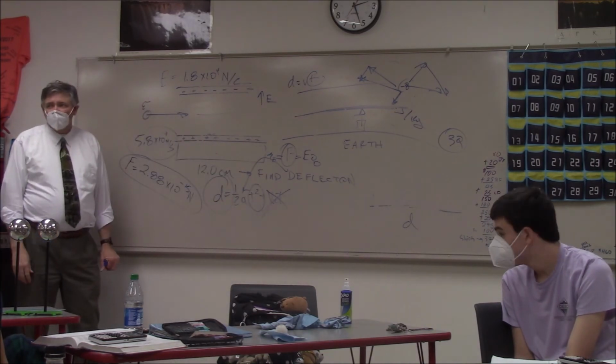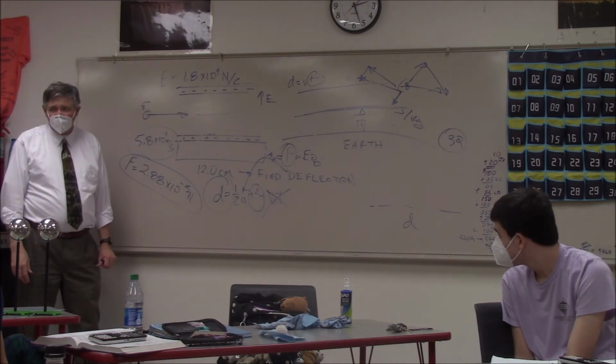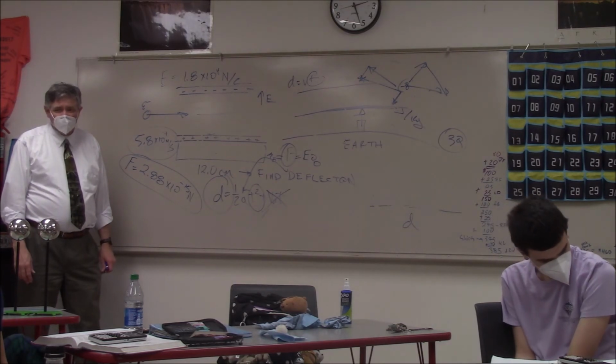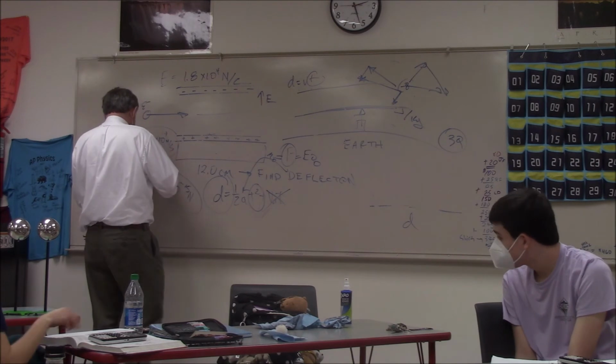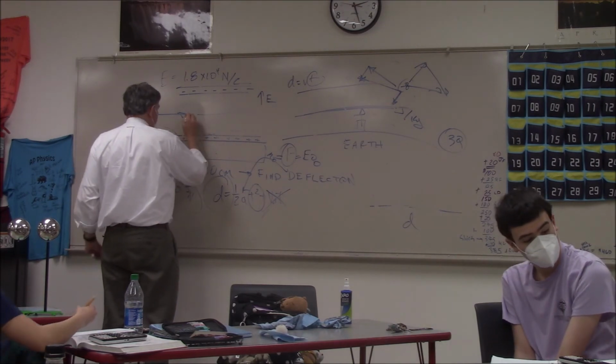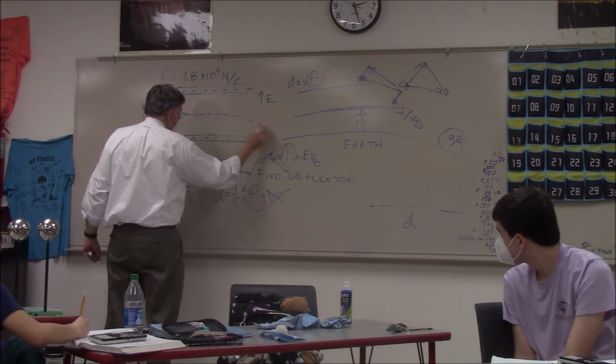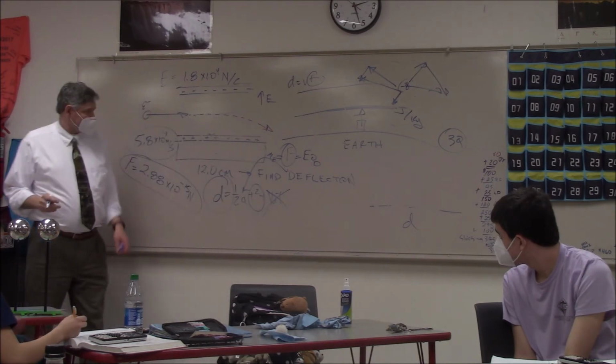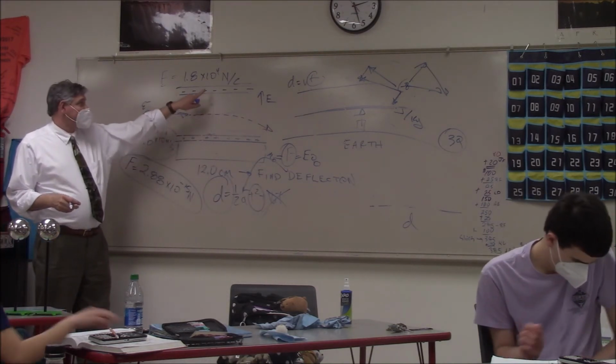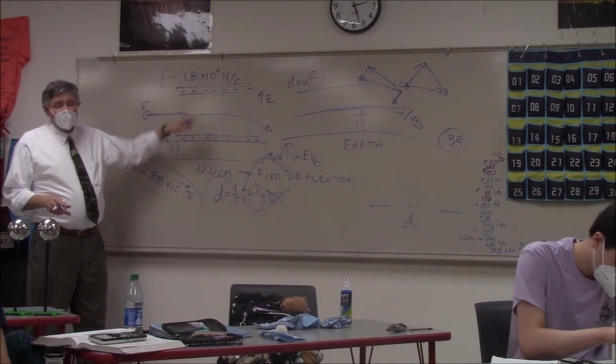Down, because it's negative and it wants to go toward the positive, but it's repelled by the negative. So a negatively charged particle is going to go through here something like this, pulled toward the positive, repelled by the negative.